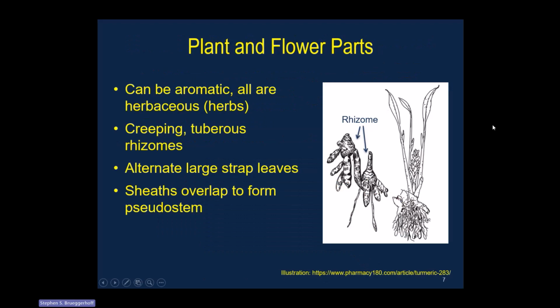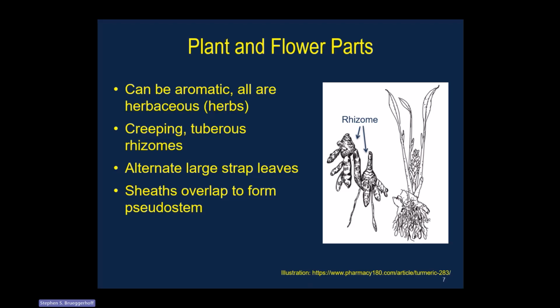Now, a little bit about the plant and flower parts. Most of the plants that we're talking about can be aromatic, but all are herbaceous, meaning they're herbs, right? Soft tissue, not woody tissue. They spread themselves vegetatively by creeping tuberous rhizomes.